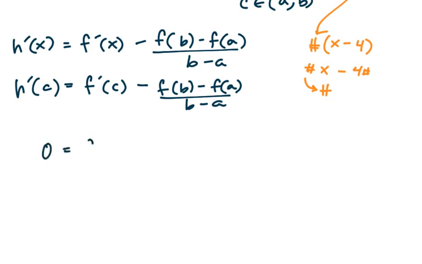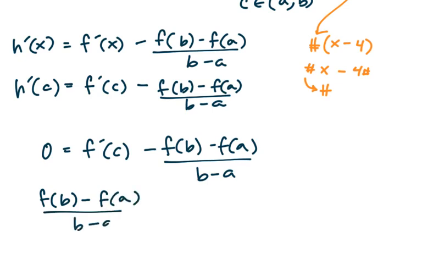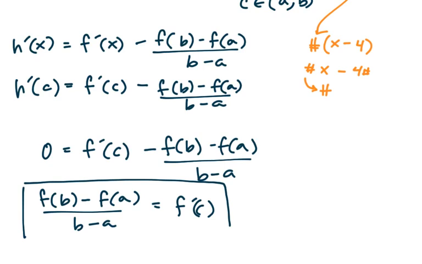So setting it equal to 0, we've got f prime of c equals f of b minus f of a over b minus a. We can see here, using algebra to move the terms around, that we end up with f of b minus f of a divided by b minus a equals f prime of c, which is our mean value theorem. So basically we developed the mean value theorem. That's what we set out to prove.